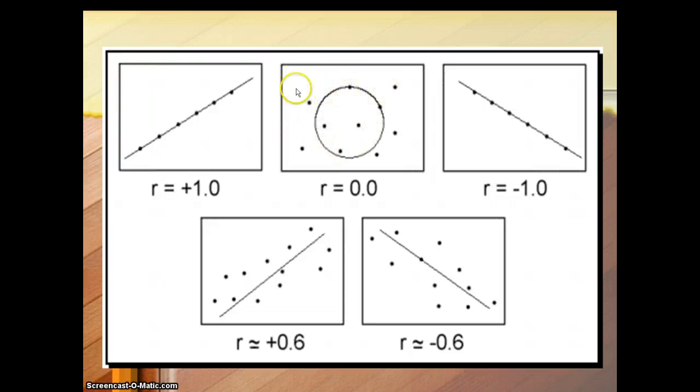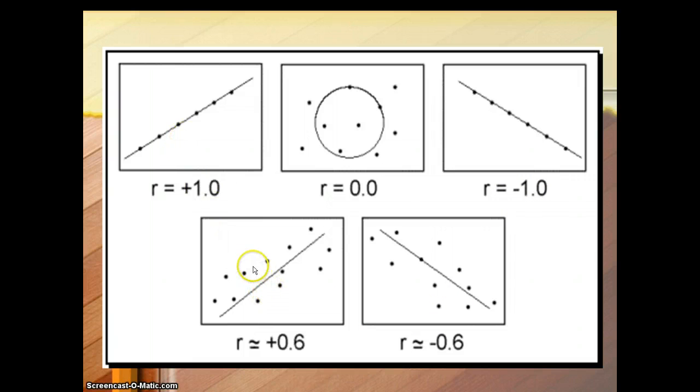There is no relationship between what is happening on this side and this side. Here's a visual representation of what is happening when, as this number goes up, this number goes up. That's positive correlation. As this number goes up, this number goes down. That's a negative correlation.